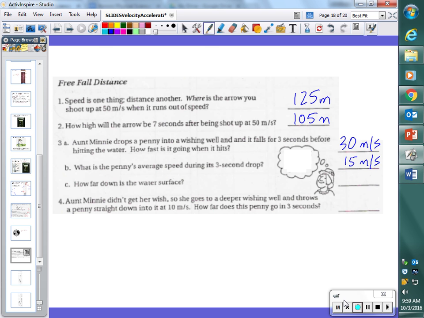Do you understand how it's working? Yeah, that's 15 meters per second.